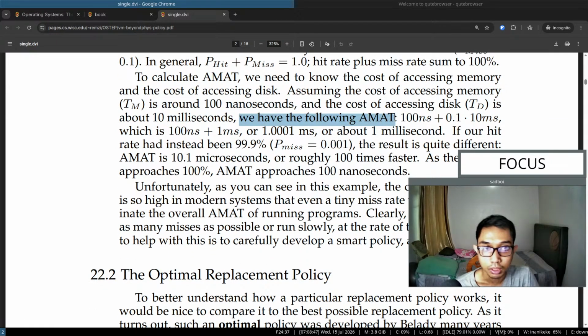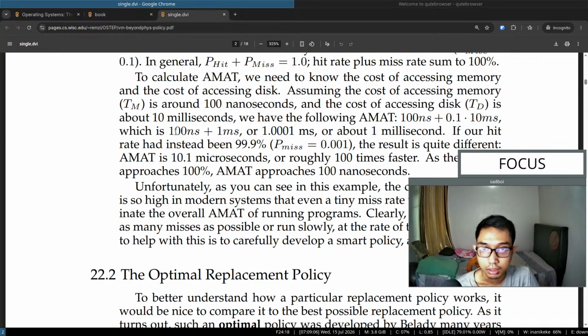We have the following average memory access time: 100 nanoseconds plus 0.1 multiplied by 10 milliseconds.